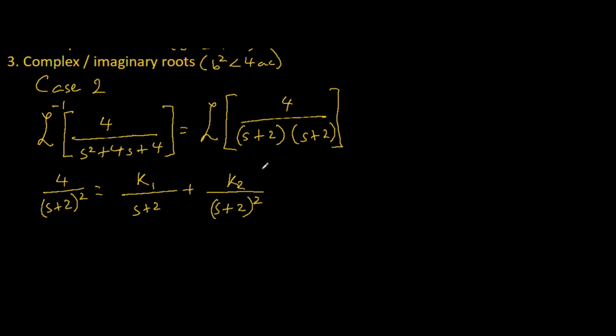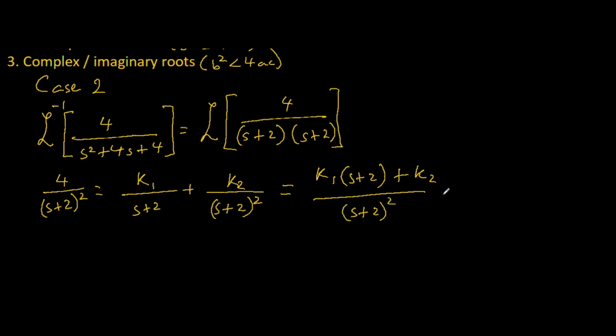So let's go ahead and try to solve this. If I expand this term, that's using the first method that we used for the last class, what I have is k1 into s plus 2 plus k2 all over s plus 2 squared.